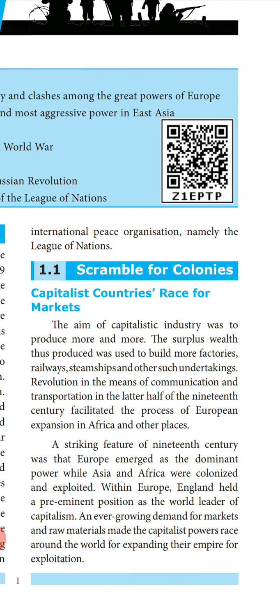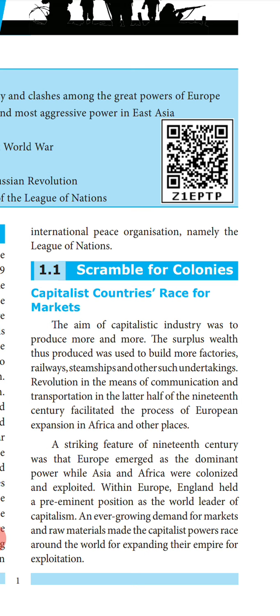Okay, next let us know about the scramble, the reason for the First World War. The basic reason was the scramble for colonies. Capitalist countries raced for markets. After the Industrial Revolution, every European country wanted their goods to be sold in other countries. So there was a race for markets.